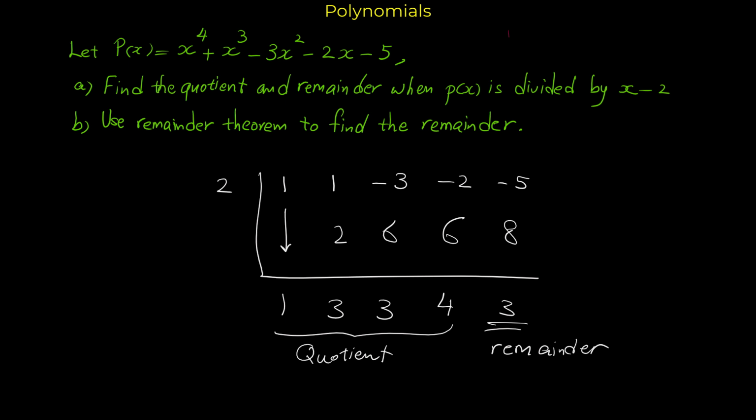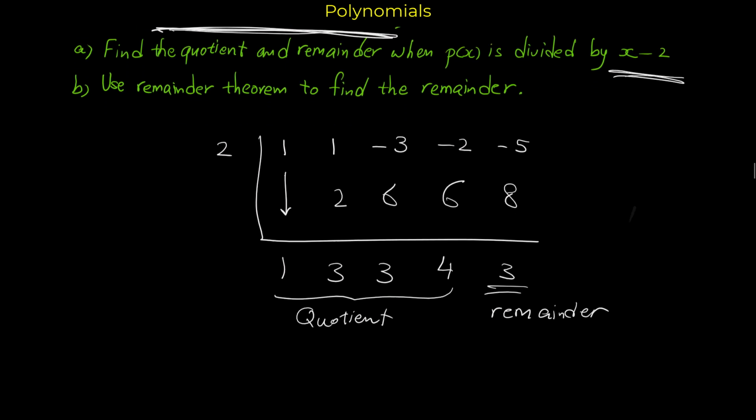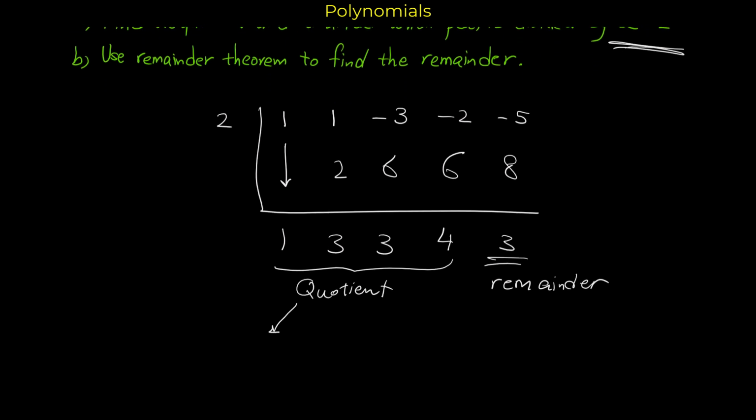And the quotient, we find from these coefficients. We know that because the given polynomial is of degree 4 and we divide it by x minus 2, the quotient would be 1 degree less, so it's of degree 3. So the quotient, let me name the quotient polynomial Q(x), would be 1x^3 plus 3x^2 plus 3x plus 4. How do we know that we have to start from x^3?